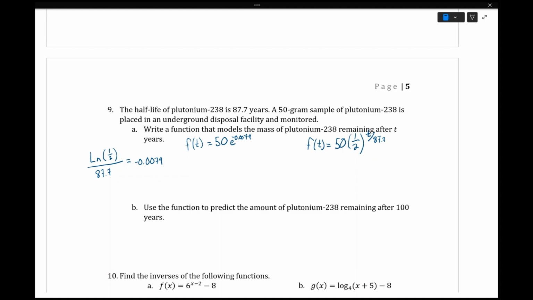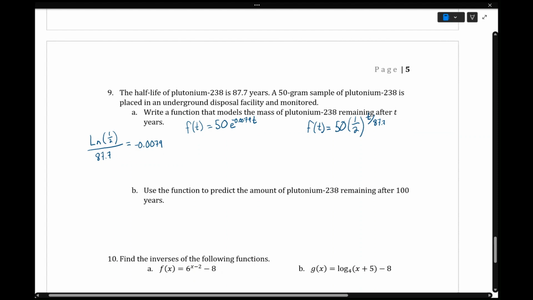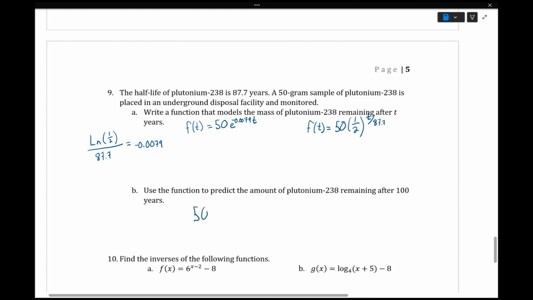I like using that one a little bit more, but the E one can be helpful in calculus situations. Now, I'm going to use this function to predict the amount of plutonium-238 remaining after 100 years. So I'm going to do 50 times 1/2 to the 100 over 87.7 power.